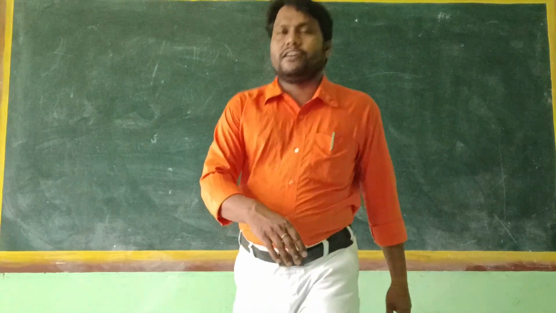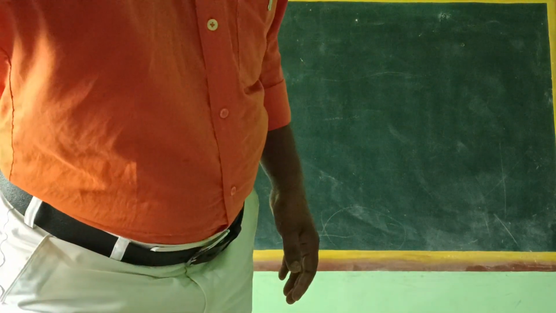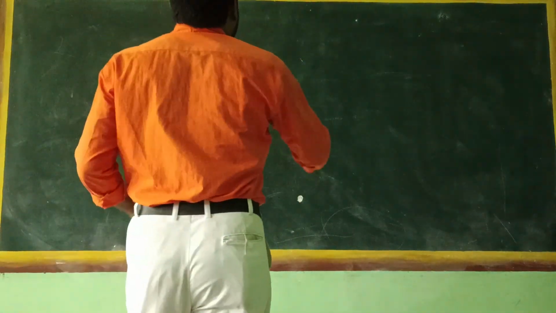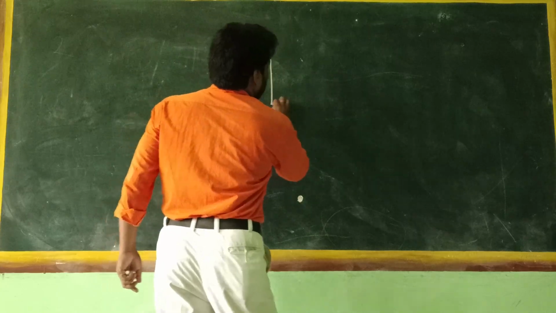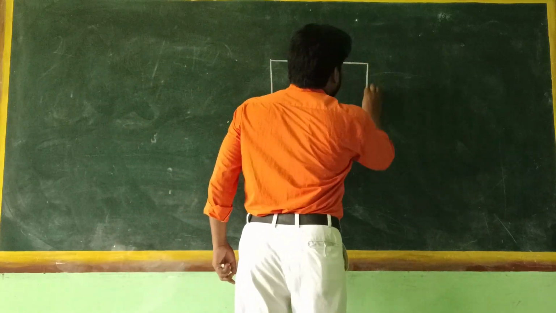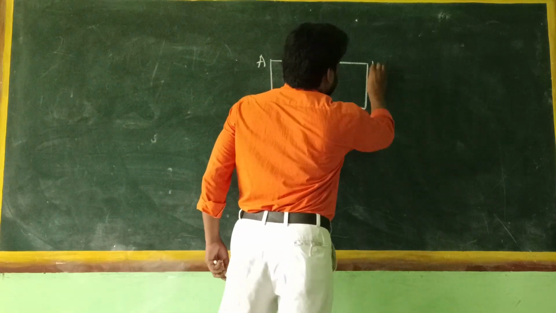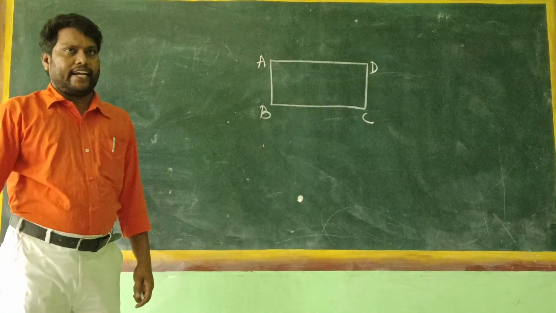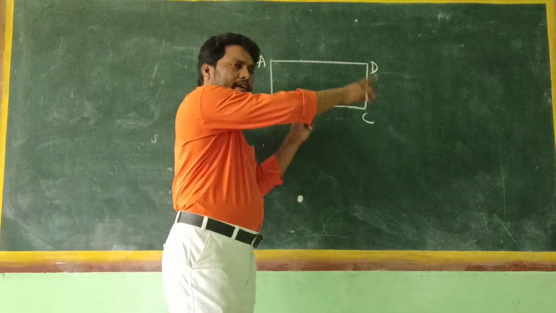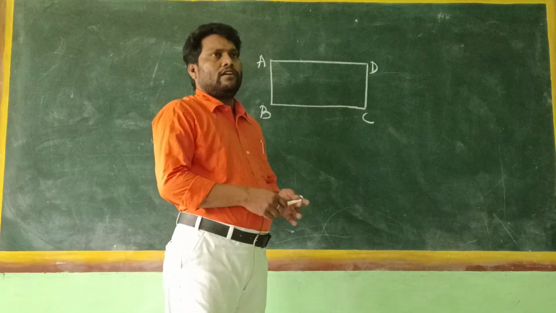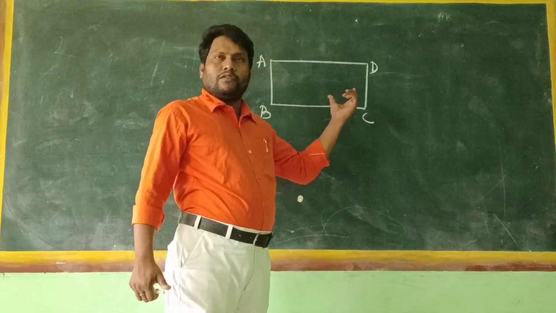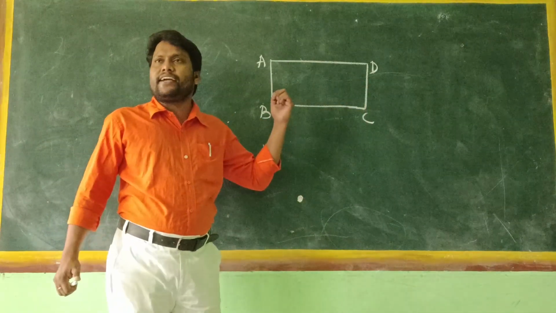Suppose you have a rectangular shaped figure. This is called a rectangle. Suppose ABCD is a rectangle. So it is geometrically called a rectangle. What are the characteristic features of a rectangle?